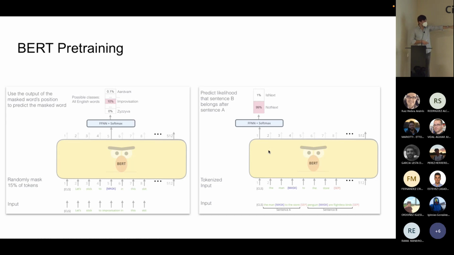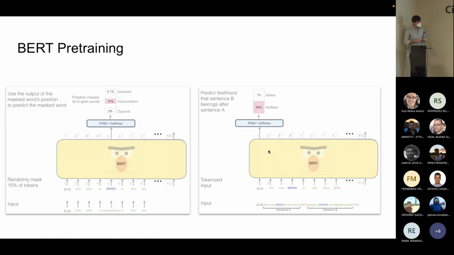What this effect has on the model is that it doesn't learn only the next word. It learns the language model from a bidirectional perspective. It takes information from the left and from the right. It understands language and sentences as a whole. It doesn't depend on the linear sequential nature of the decoder.